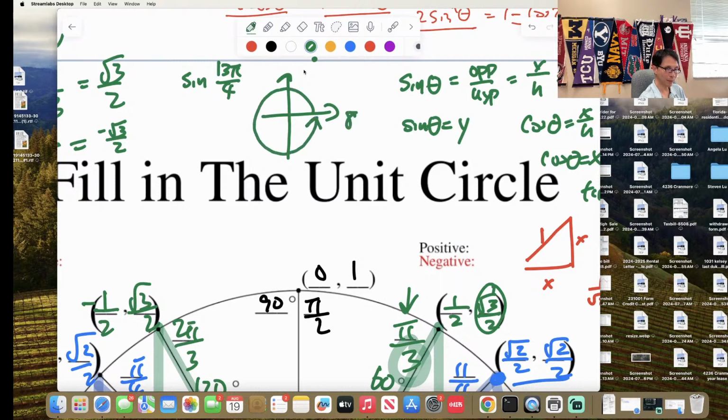This one's 8 pi over 4, right? Does that make sense? And then you're going to rotate another 2 pi over 4. This one's going to be 10 pi over 4, 12 pi over 4, 13 pi over 4. It's going to be right here. So the y value is going to be negative root 2 over 2.